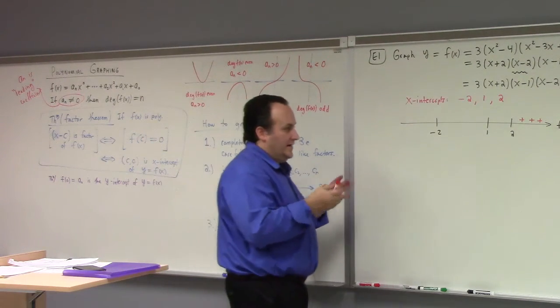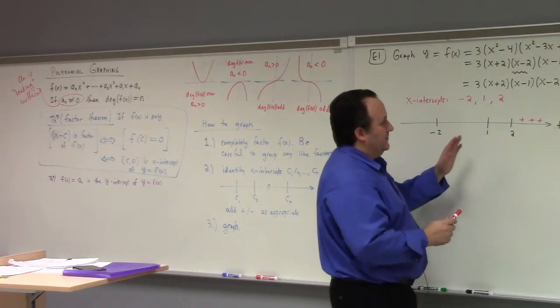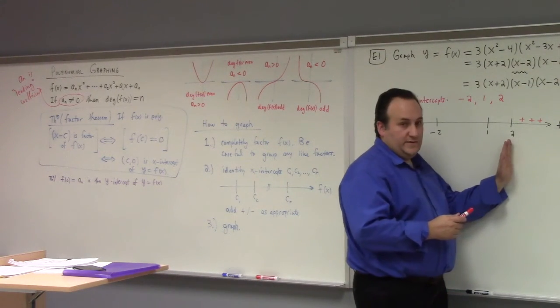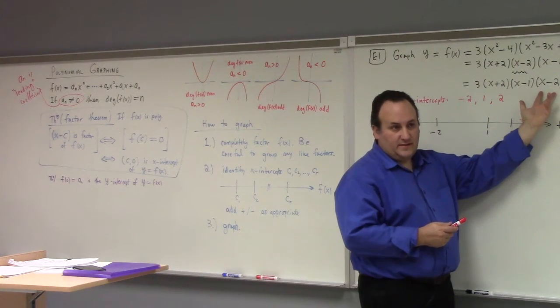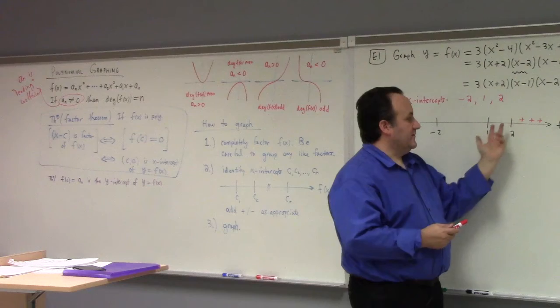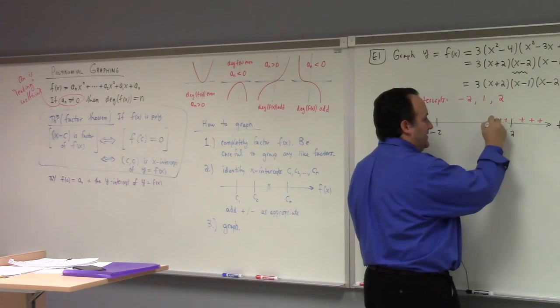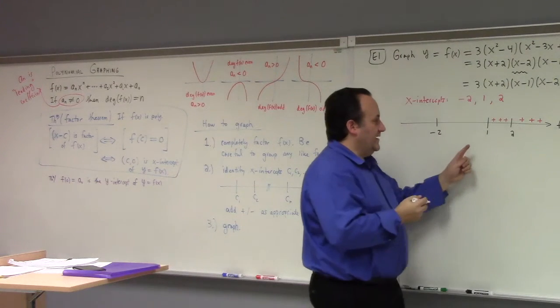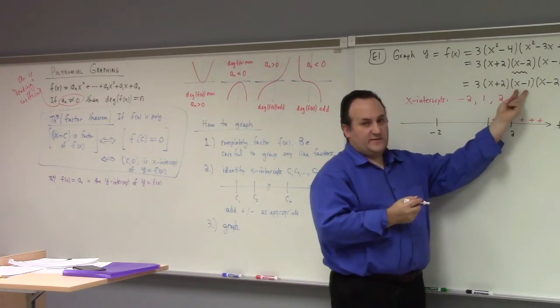Now what? Now I'm going to use the sign flip theorem to get the rest. So watch this. At 2, this corresponds to x minus 2 squared by the factor theorem. At 2, we have a square, so we don't change signs. We keep it plus. In contrast, when we get to 1, that corresponds to this x minus 1.